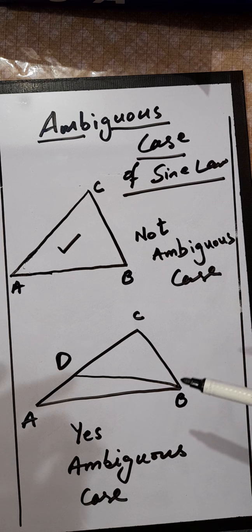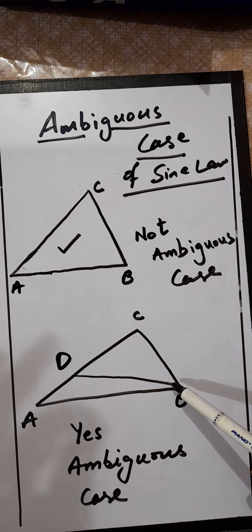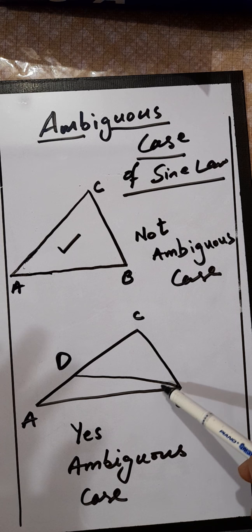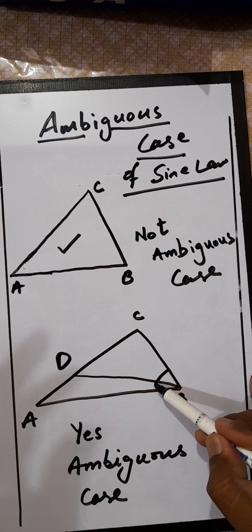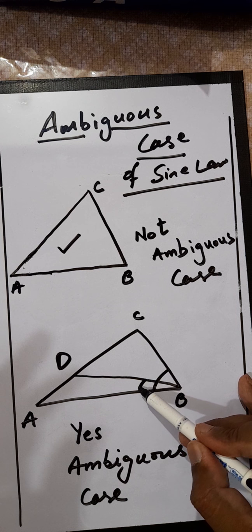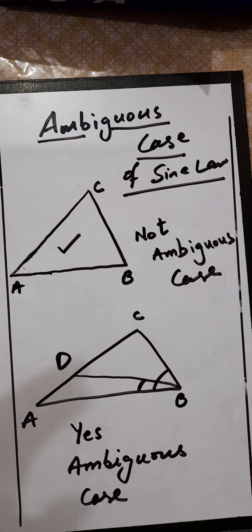But sometimes it becomes possible that we are getting values of angle, like this angle B, this angle we got, and this angle. So I will explain it through examples, but this is just to build your concept about this ambiguous case.